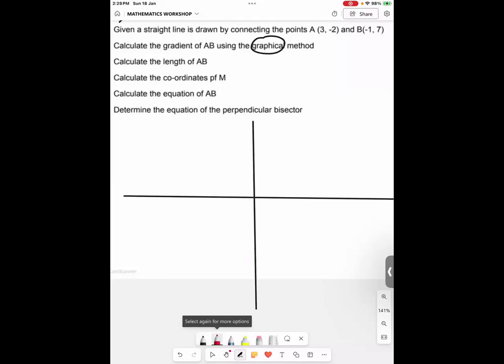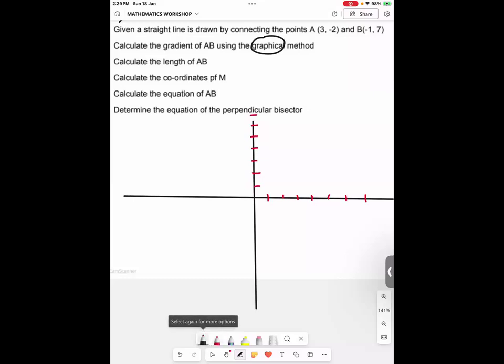And as per usual, I'm going to go ahead and number. So that's 1, 2, 3, 4, 5, 6, 7. I'm going to go ahead and number this as well. 1, 2, 3, 4, 5, 6, 7, right?